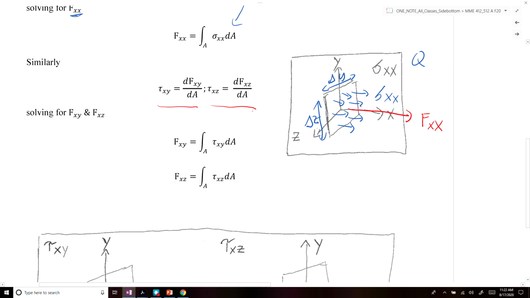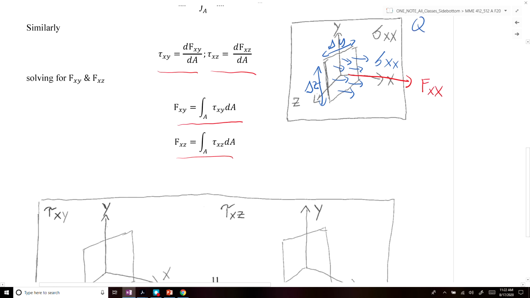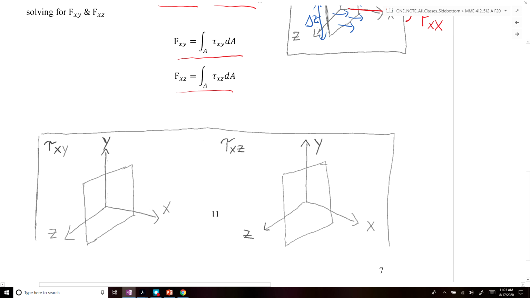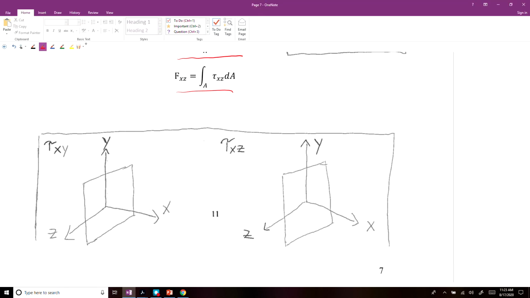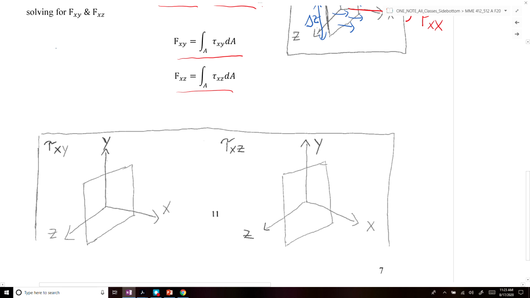If we rearrange and integrate them, we can solve directly for our concentrated forces Fxy and Fxz at point Q. Visually, this would be our stress tau xy across the whole area around point Q, and if we integrate it across the whole area, we get our Fxy.